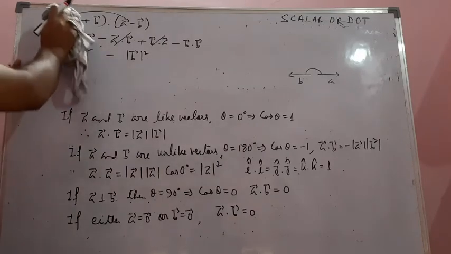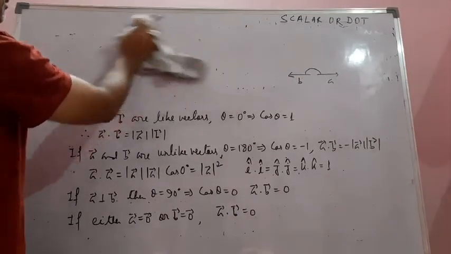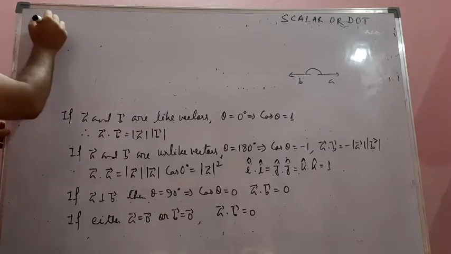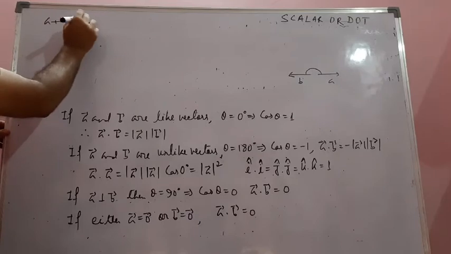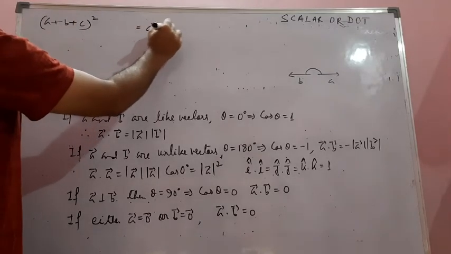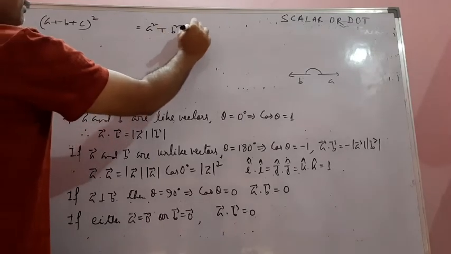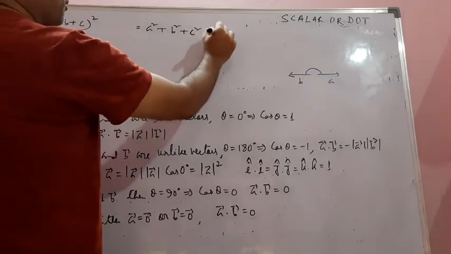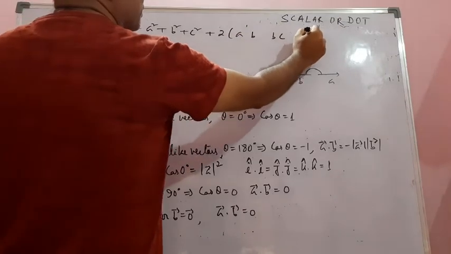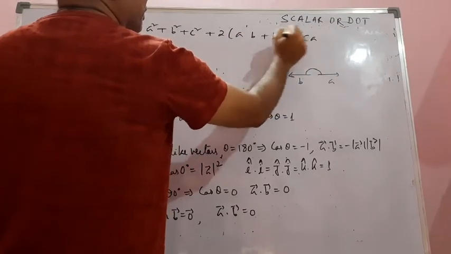Similarly, in case of a plus b plus c dot a plus b plus c, I think you can remember this identity: a plus b plus c whole square. What was this? a square plus b square plus c square plus 2 into (ab plus bc plus ca).